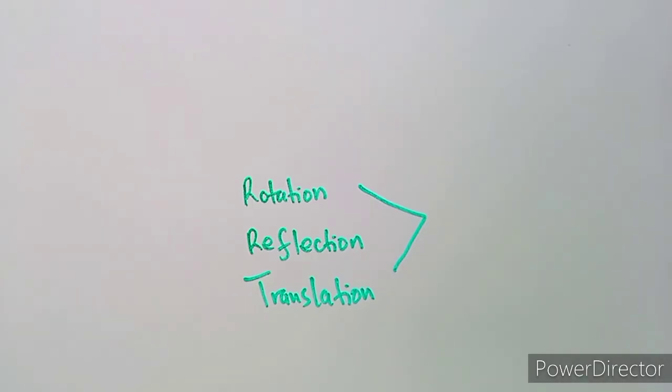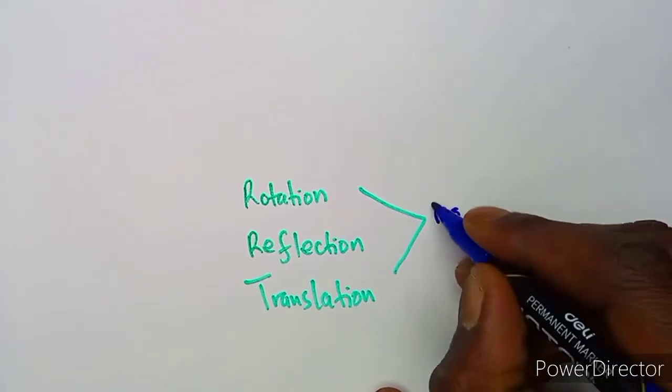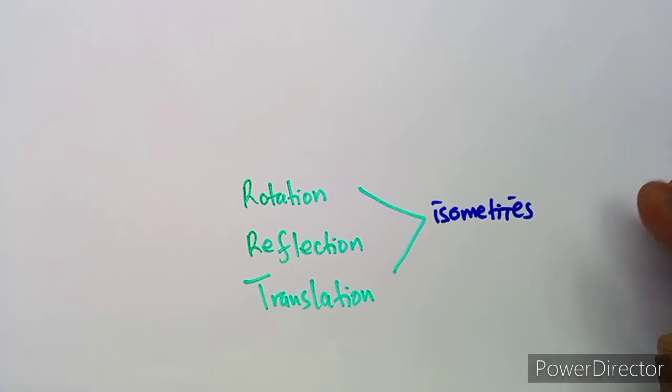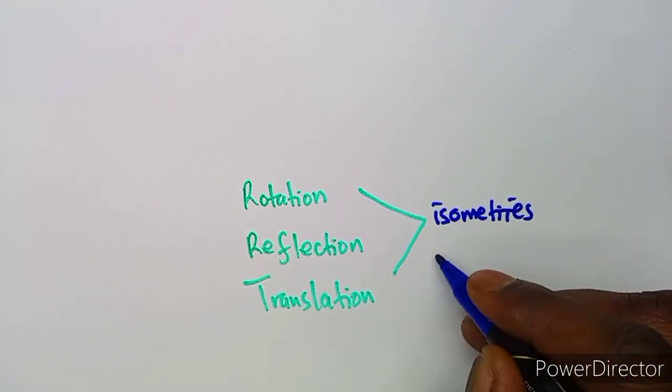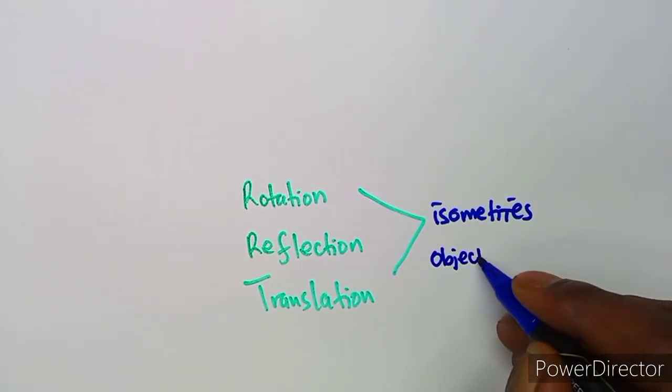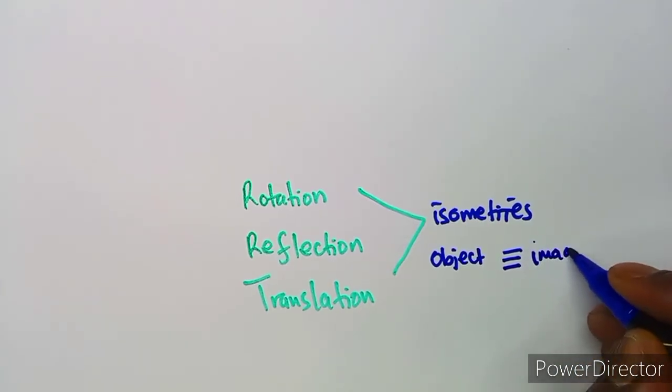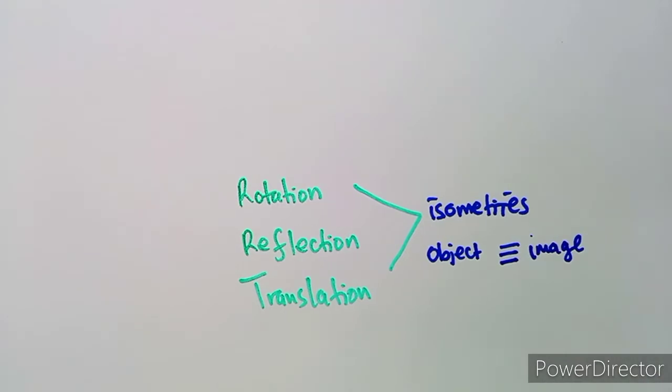That this is going to help us. We actually said these transformations, guys, they are isometries. All right, this is the first thing that you're supposed to take note. They are isometries, meaning to say the object and the image, they are actually congruent to each other.